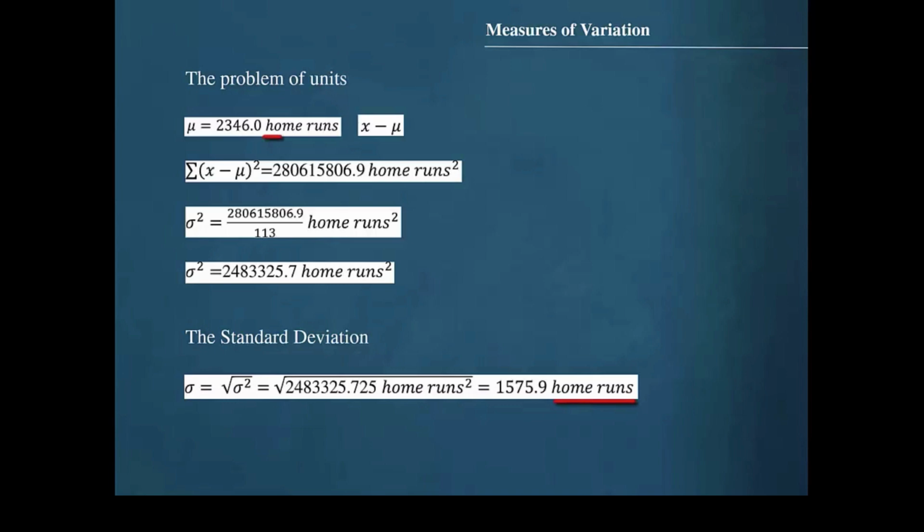The mean is in home runs and the standard deviation is in home runs. The rounding rule for the standard deviation is also to round to one more decimal place than occurs in the raw data. So the standard deviation for this population is 1,575.9 home runs.